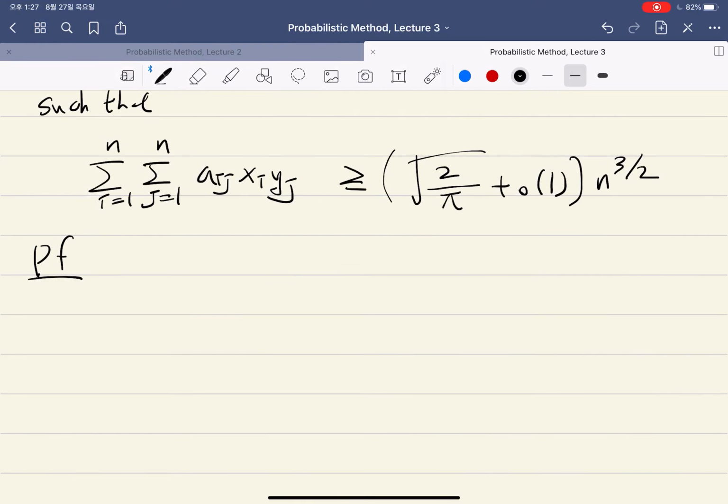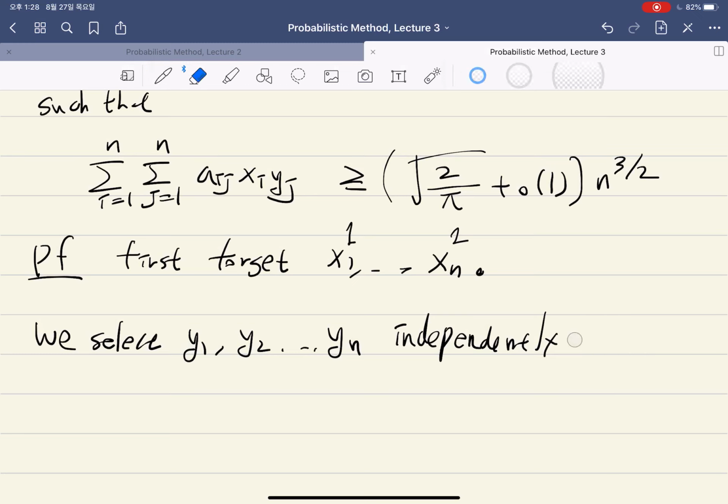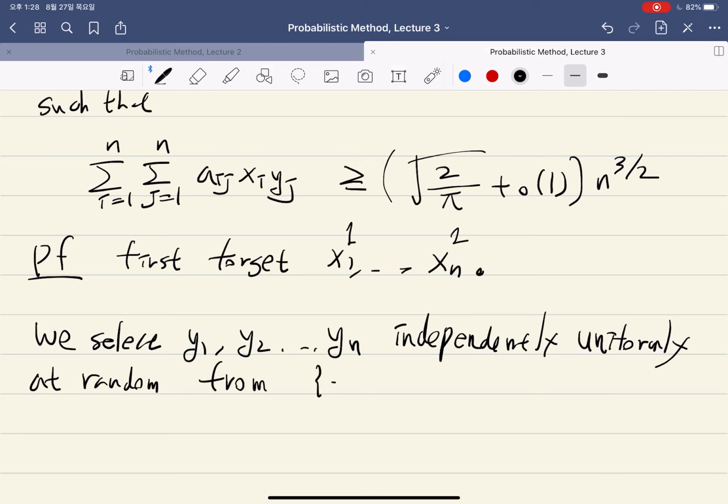So what we do is we first forget x_1 to x_n. For now, let's just forget all the rows. Let's just assume that all of them are 1. Then we select y_1, y_2, up to y_n independently, uniformly at random from negative 1 or plus 1.